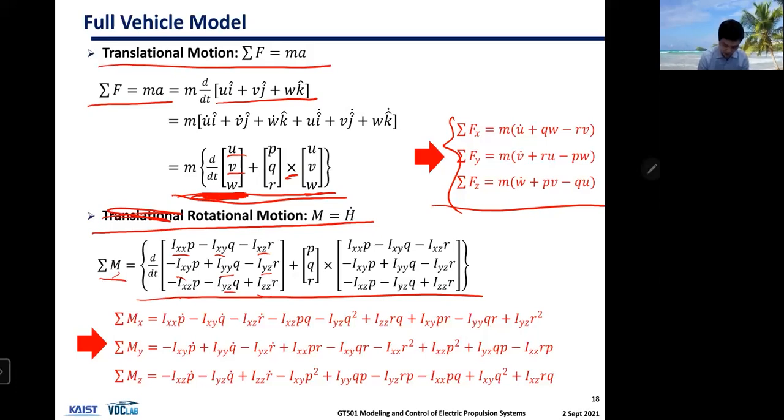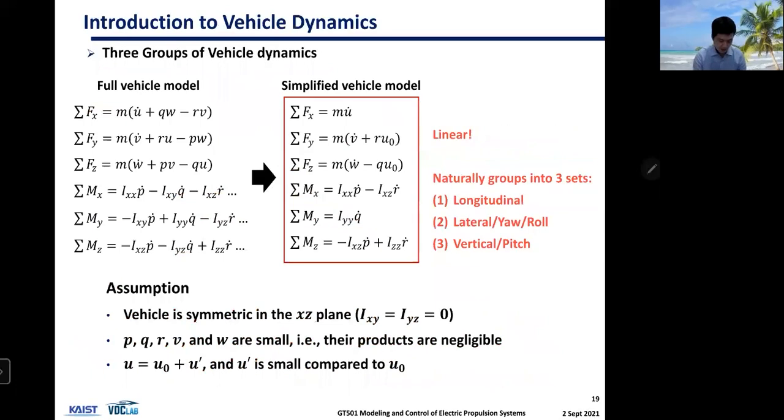So anyway, if you list out 3 equations from this vector form, these are the 3 equations you get. This is the final equations you get, which is long and ugly, but it gets better.